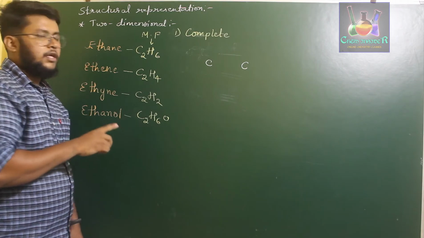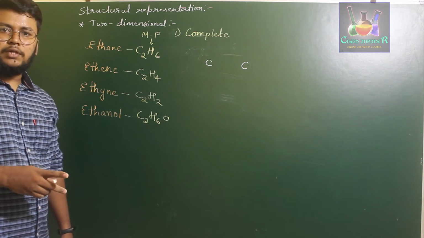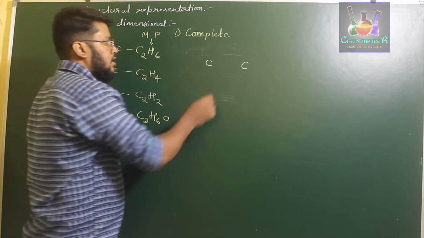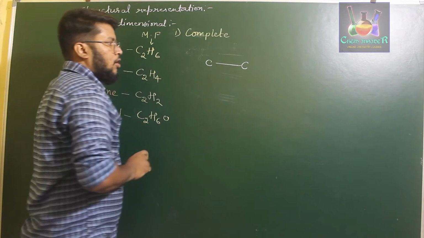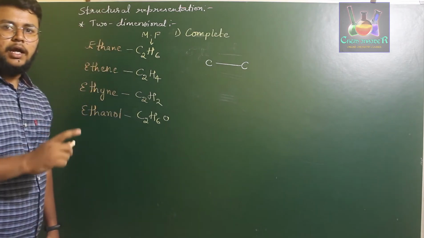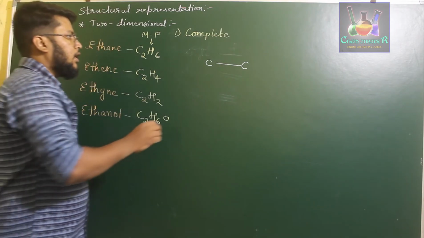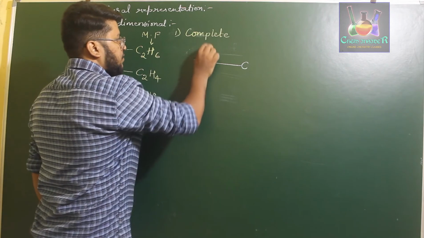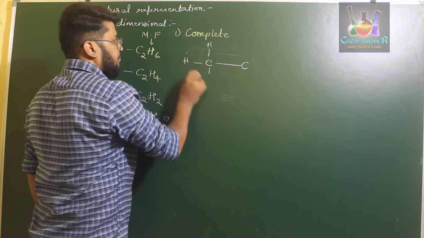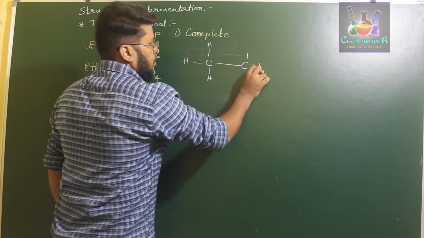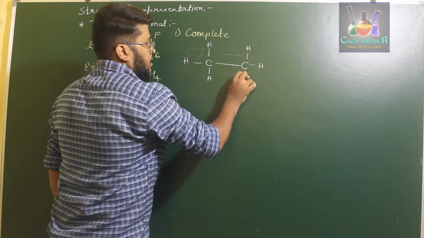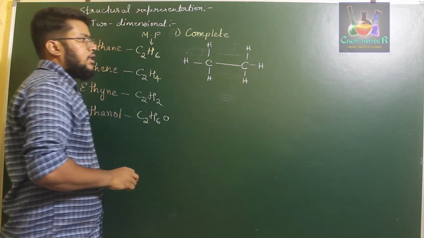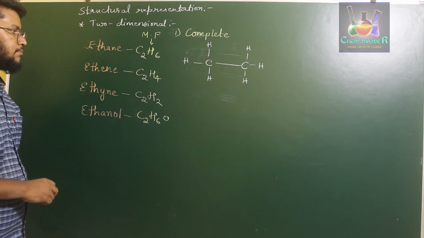So now there is absence of 2 hydrogen atoms. Therefore, what we can say is there will be a bond present between carbon and carbon. Now the remaining 3 bonds will be satisfied by 3 hydrogen atoms. So this is the way of representing ethane molecule in complete representation.